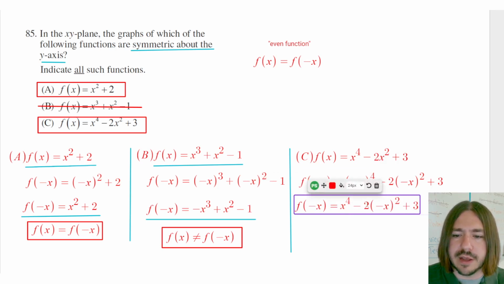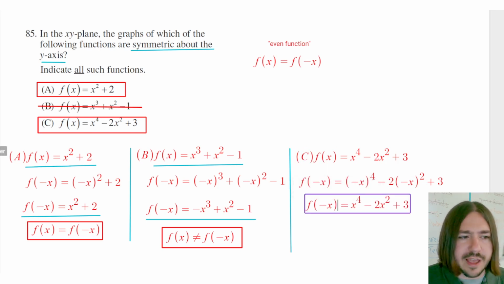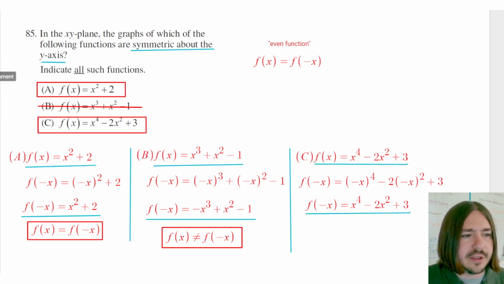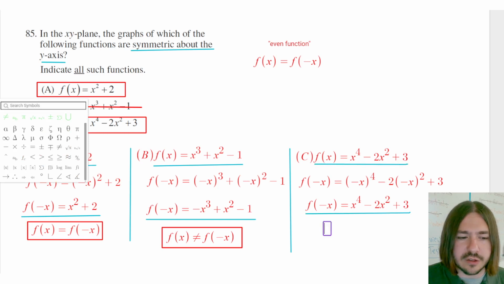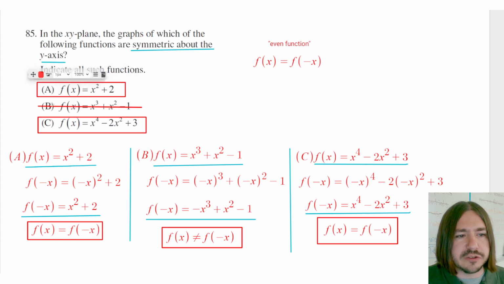So this will end up being positive x to the fourth, positive x squared, and you can see that we ended up with the exact same expression for f of negative x that we had for f of x. And so we can conclude here that f of x equals f of negative x. So this was one of those multiple choice questions where you have multiple possible answers. So our answer is going to be A and C.